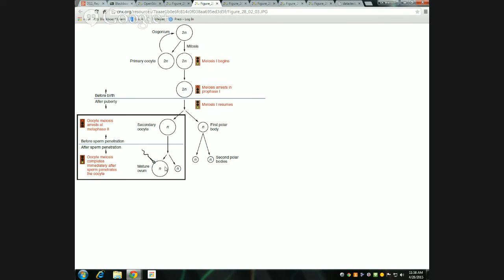The sperm cell actually has mitochondria, but except in very rare occasions, all the mitochondria that are present in a person came originally from the mother's egg cell. You can do genetic analysis on DNA that's found in mitochondria, and it's always going to follow back the maternal line.